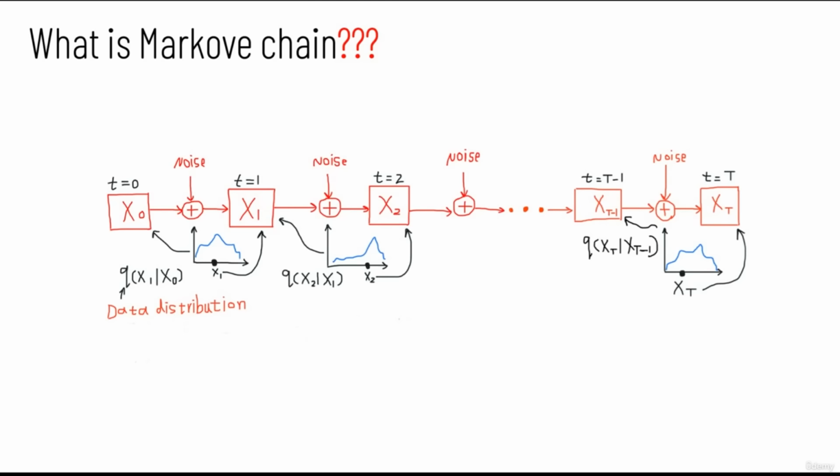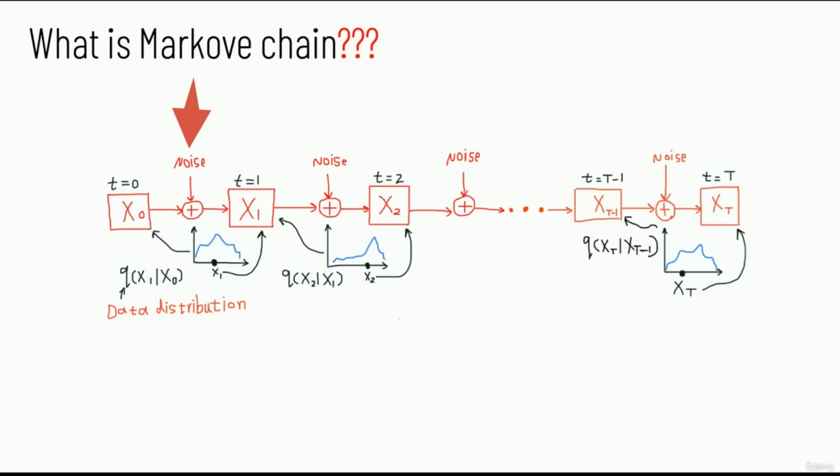Hi, in this video we'll talk about Markov chain. Let's say that we have clear image, and let's call it x0, which is our image at time step 0. And now we will add a Gaussian noise to each pixel in our image.